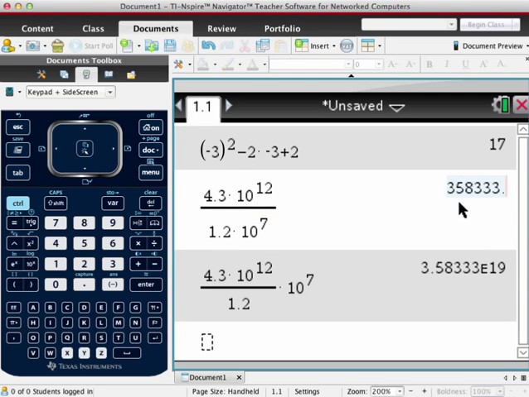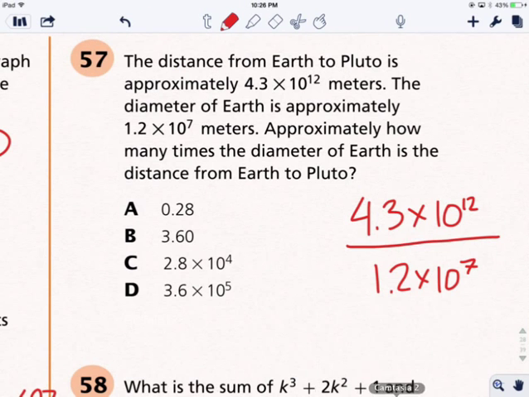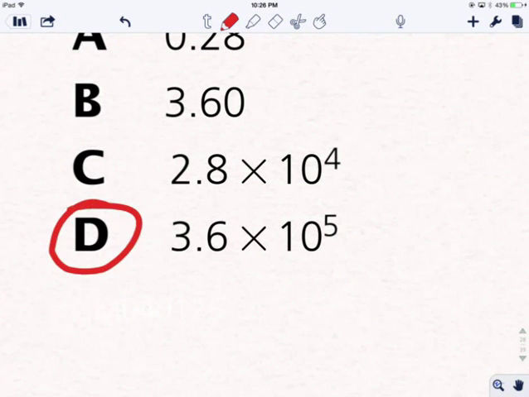Now let's turn that back into scientific notation. 3.6 times 10 to the 1, 2, 3, 4, 5. Okay, 3.6 times 10 to the 5, which is answer choice D.